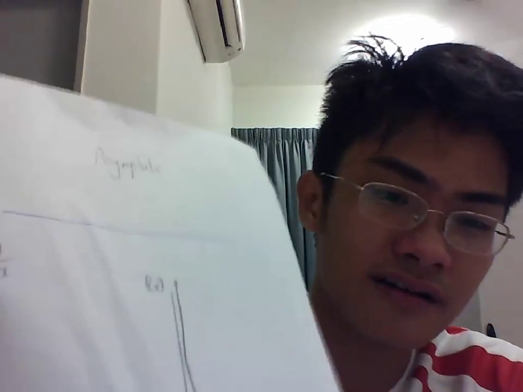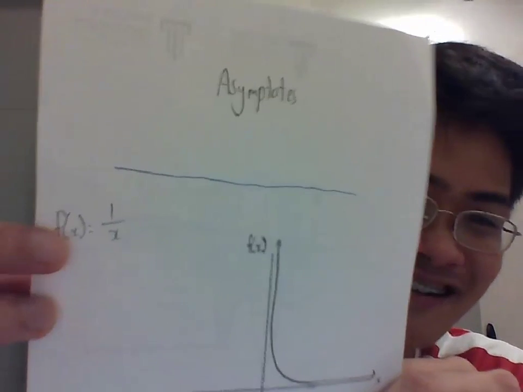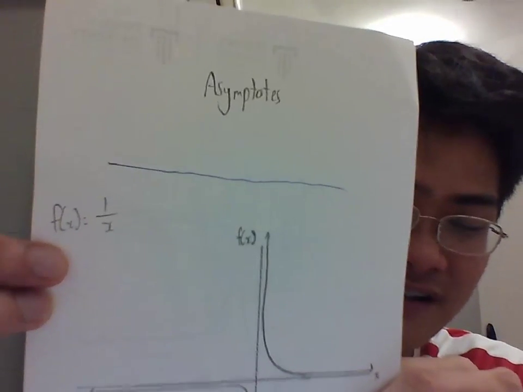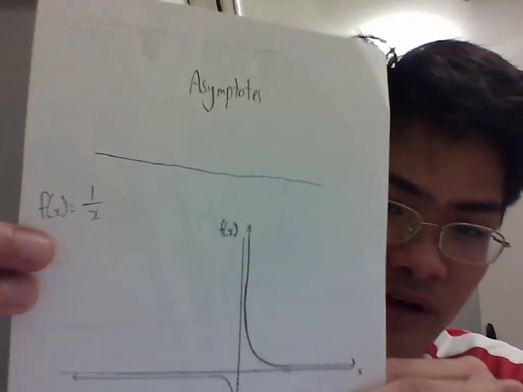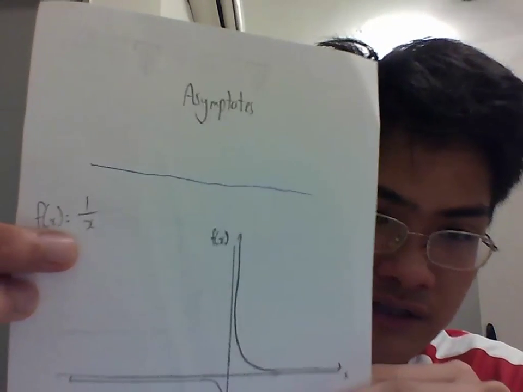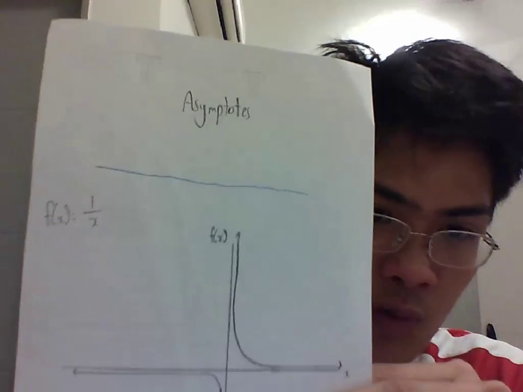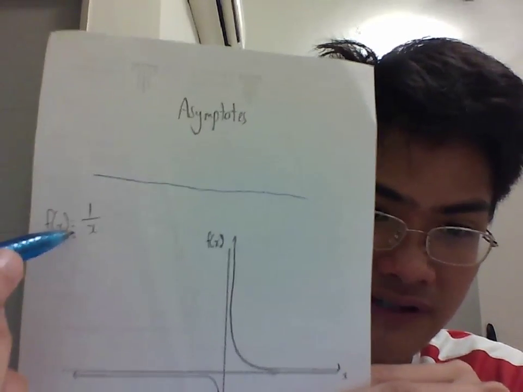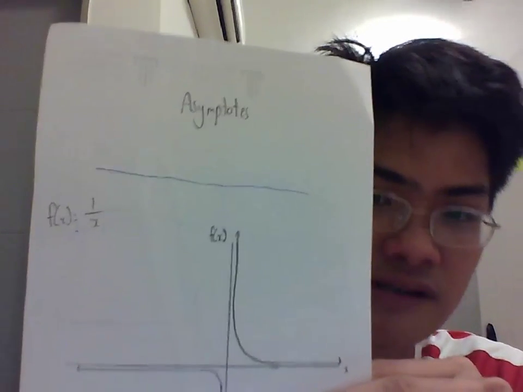f(x) equals 1 over x. The way we're going to find the vertical asymptote is by making the denominator, which is the one at the bottom, so in this case x, equal to 0. So we know that x is going to be 0.